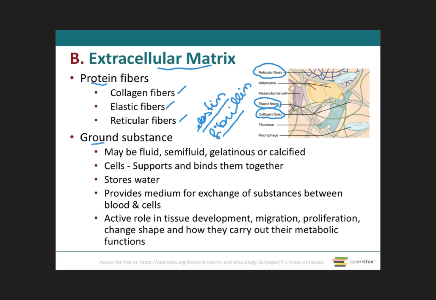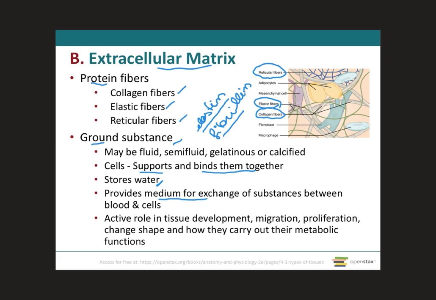The ground substance is the material between cells and fibers. It's made up of water and organic molecules like hyaluronic acid, chondroitin sulfate, and glucosamine. It will also support cells and fibers, binding them together and providing a medium for exchanging substances between blood and cells.